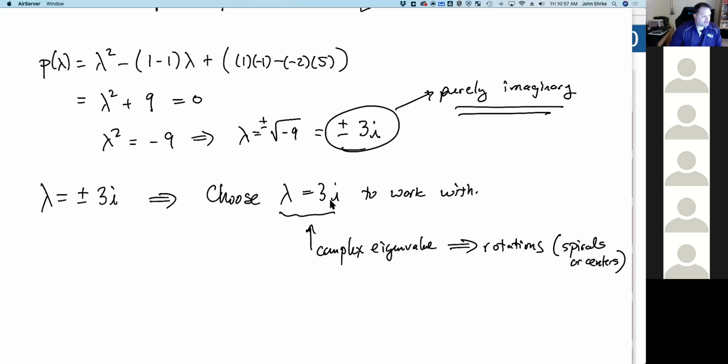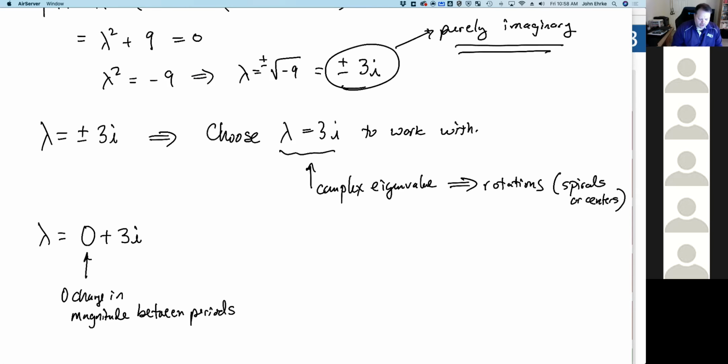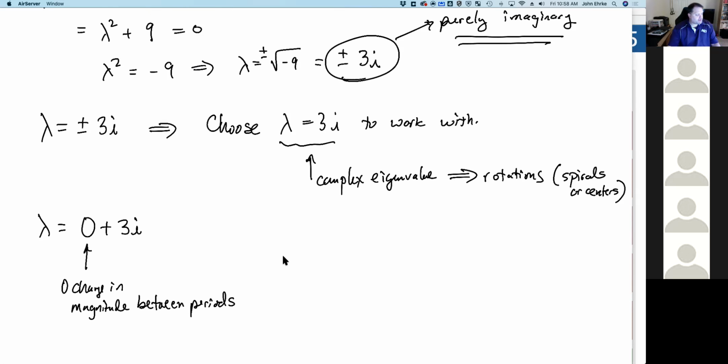However, because this is purely imaginary, right? Lambda is 0 plus or minus 3i, then I know that the 0 is controlling the magnitude. So there is 0 change in the magnitude between periods. Whatever my solution is going to do over time, there's 0 change in the magnitude between periods because it's going to be modulated by a term that's e to the 0t, which is 1.